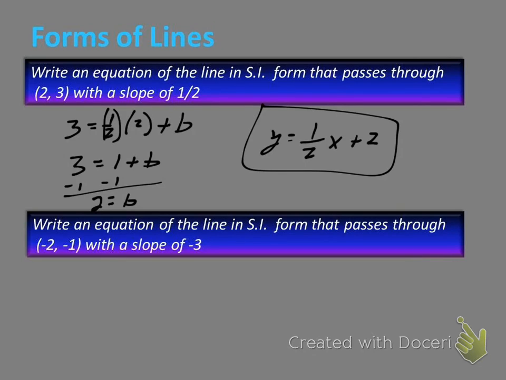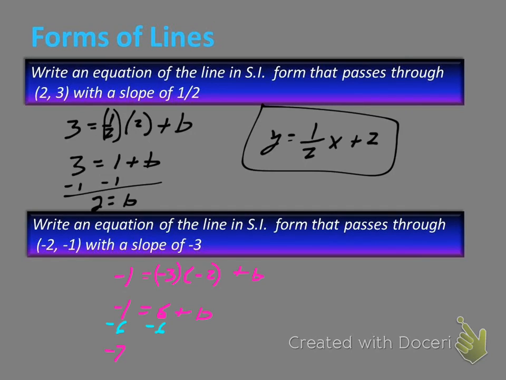Alright, last one there. Negatives all about them. That's okay, same process. Negative 1 equals negative 3 times negative 2 plus b. Negative 1 equals 6 plus b. And then you subtract 6 from both sides.